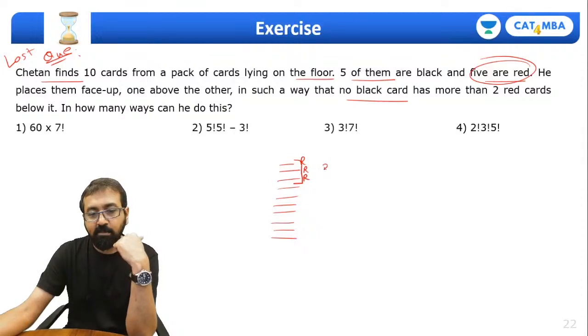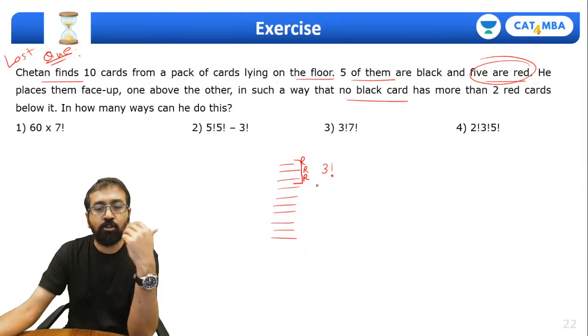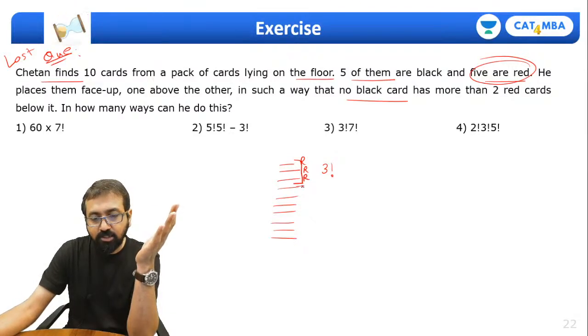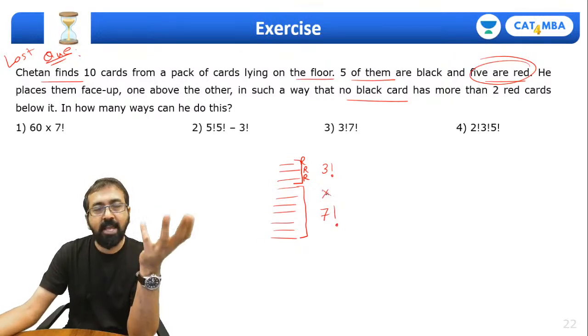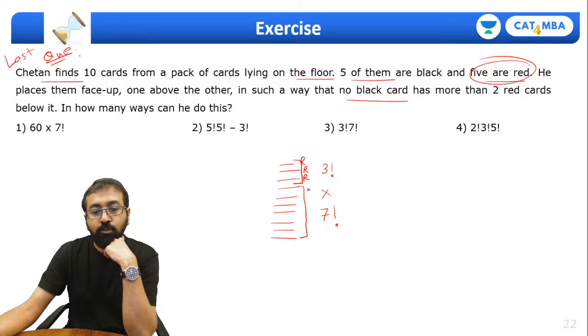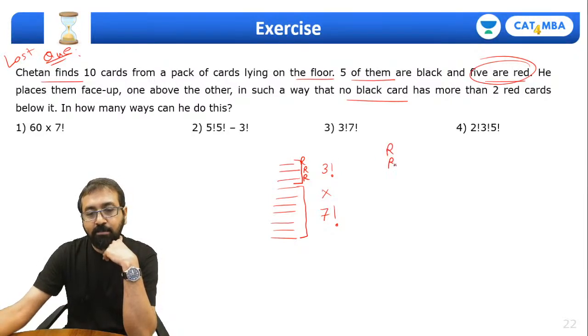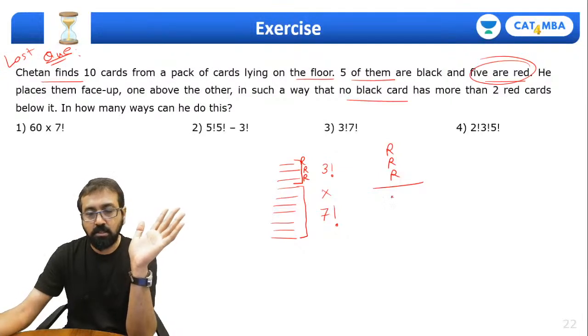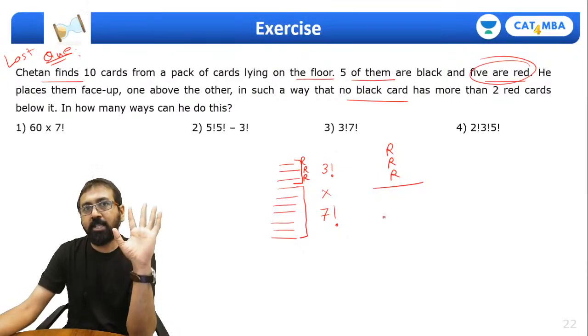Can I say these red cards can be arranged in these 3 positions in 3 factorial ways, because the red cards are different. And now if I arrange the remaining 7 cards over here in 7 factorial ways, this will be my answer. The condition will be taken care of. Now look at this. You have already kept 3 red cards above. Now whatever way you arrange, only 2 red cards will be there.